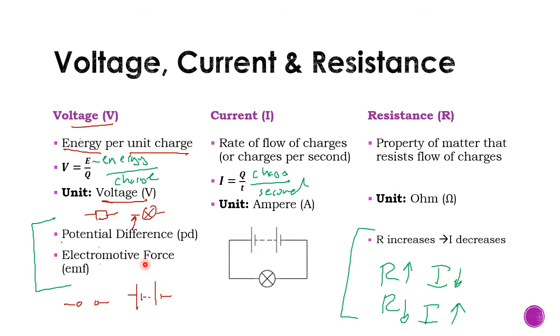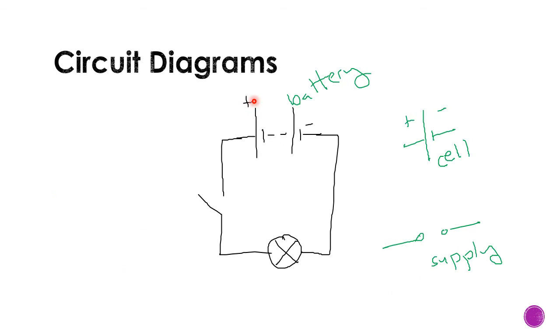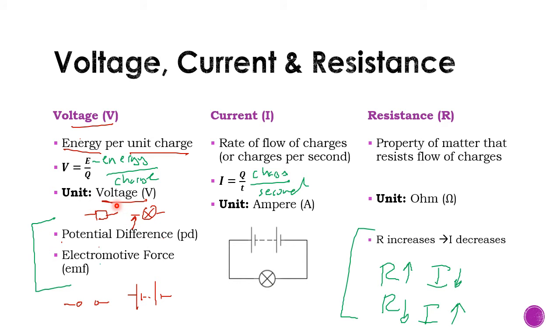So if I go back to the circuit and I say what's the voltage across the battery? We don't say that. We say what's the EMF of the battery? As in how much energy does the battery give us per charge? They both mean voltage. And if you say voltage, that's absolutely fine. There's no difference at all. We're just stating them so that you know the difference, and because he likes to use the terms potential difference and EMF, not the term voltage a lot.